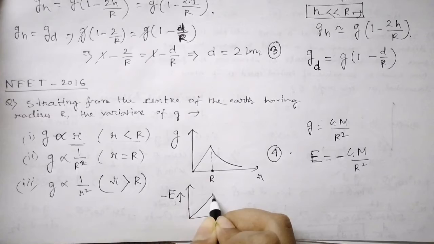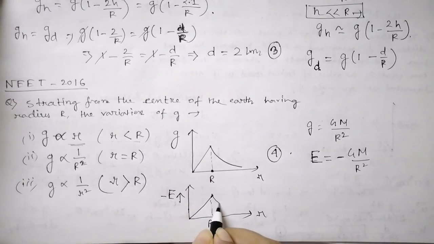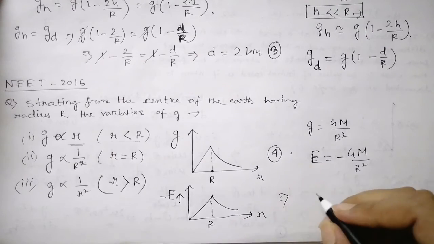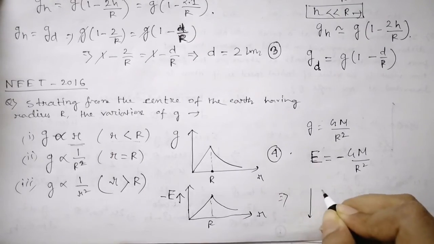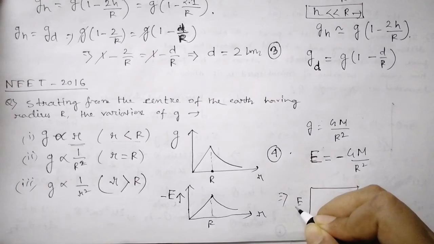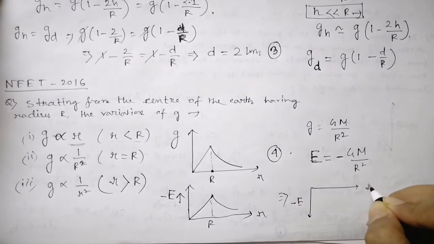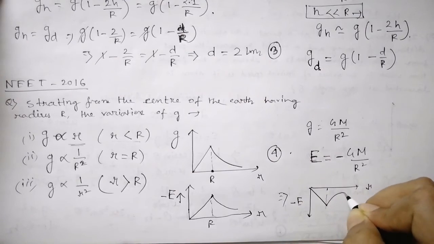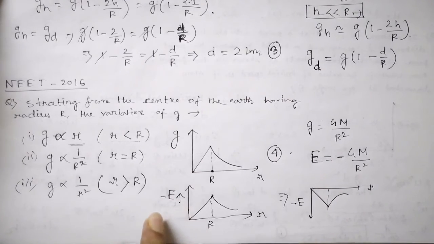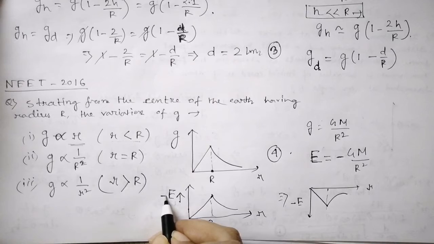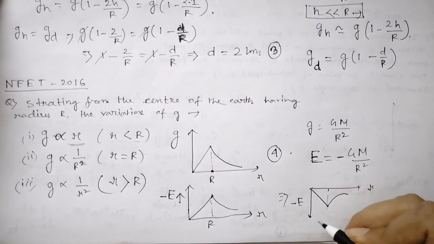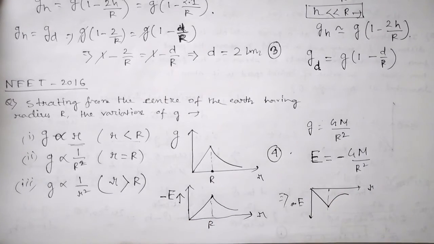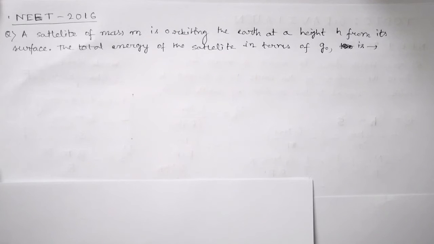Up to the radius it will be linear, at the surface it will be maximum, and then it will fall again. Or you can draw this in the negative E axis. So either you draw this and put a minus E, or you draw it downwards, then it will be negative E.